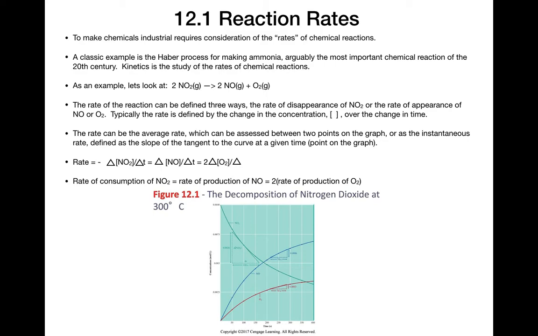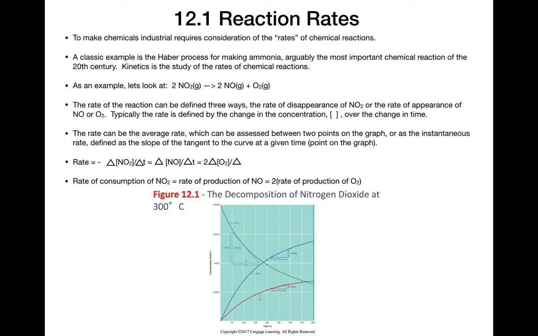The concentration is plotted versus time. So we could say that the rate is the negative change in the concentration of NO2 over the change in time. That would be the rate of consumption or disappearance of NO2. That would be equal to the rate at which NO appears over time, or the change in the concentration of NO over the change in time.